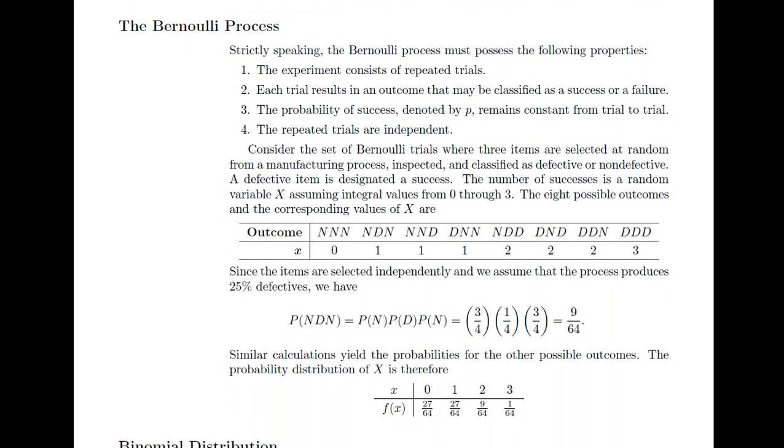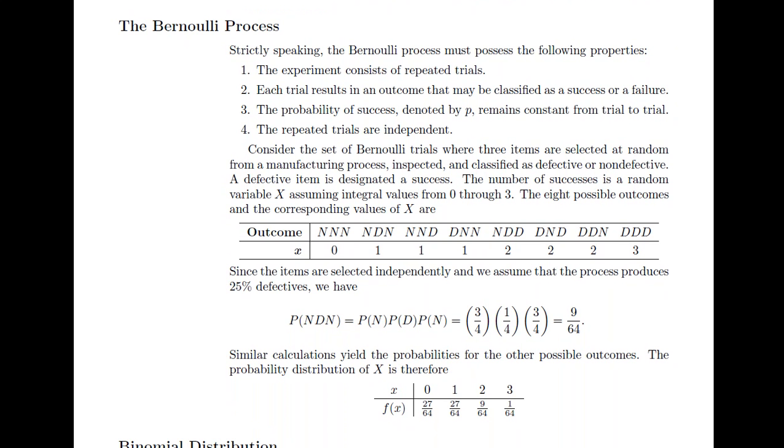Consider the set of Bernoulli trials where 3 items are selected at random from a manufacturing process, inspected, and classified as defective or non-defective. A defective item is designated a success. The number of successes is a random variable X, assuming integral values from 0 through 3. The 8 possible outcomes and the corresponding values of x are as in the following table.